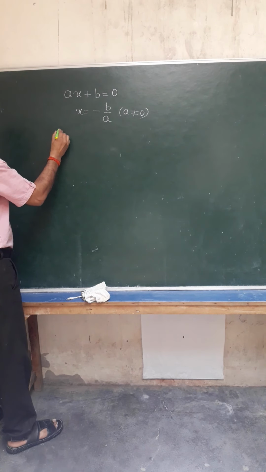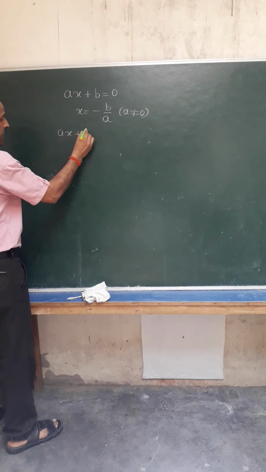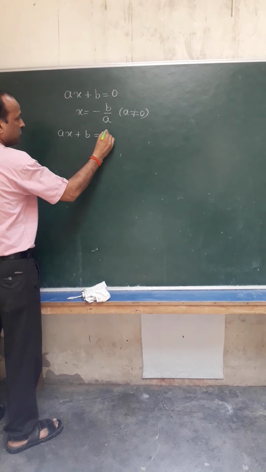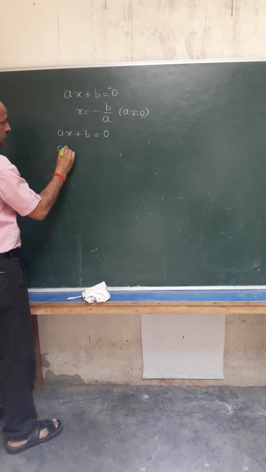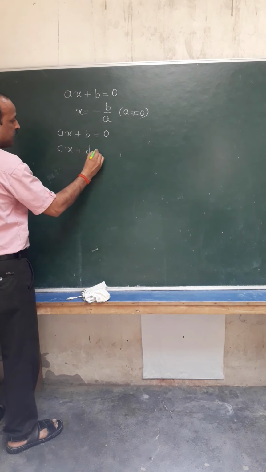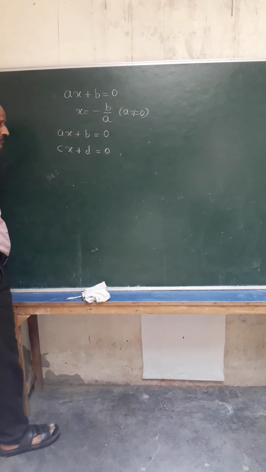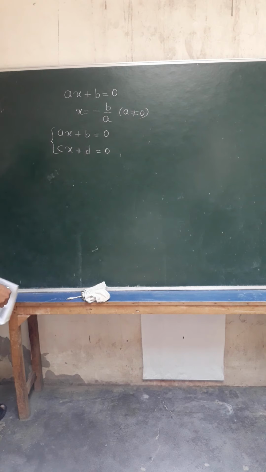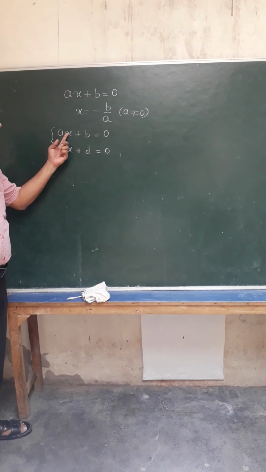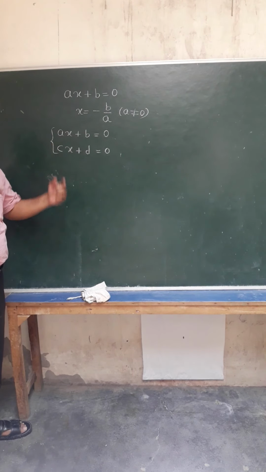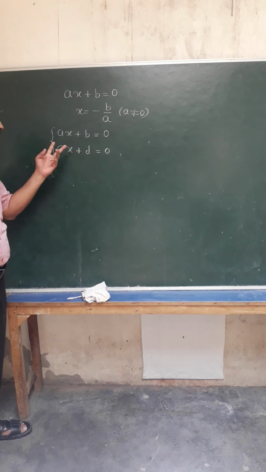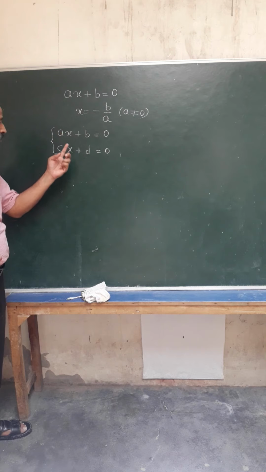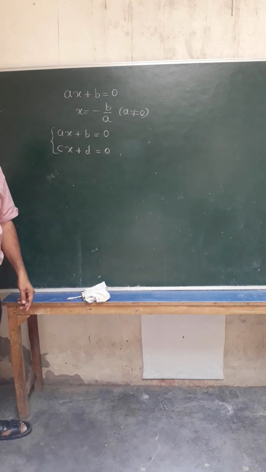Now consider two equations ax plus b equal to 0 and cx plus d equal to 0. Now if we want the solution of these two equations to be the same, that is, the value of x that will satisfy equation 1 will also satisfy equation 2.